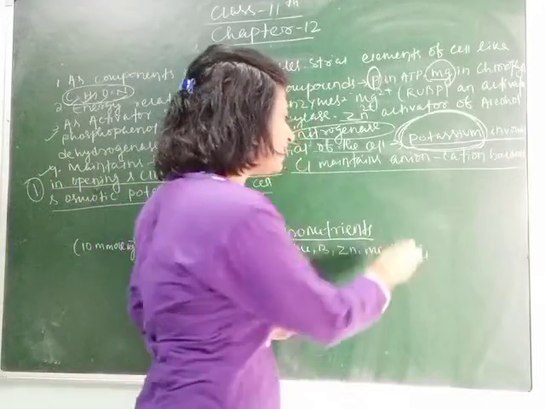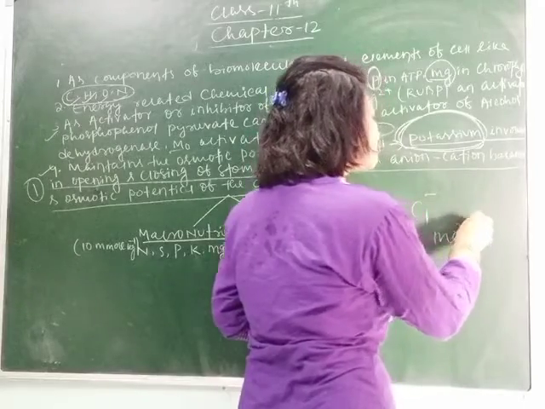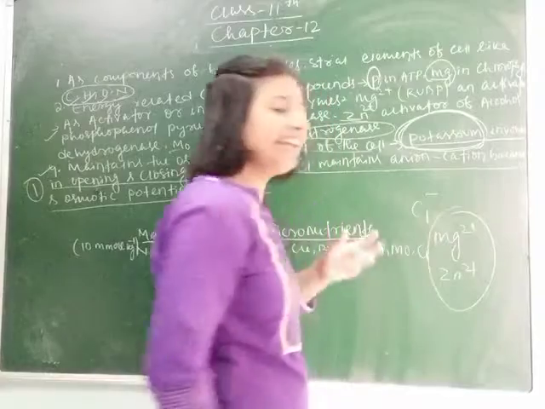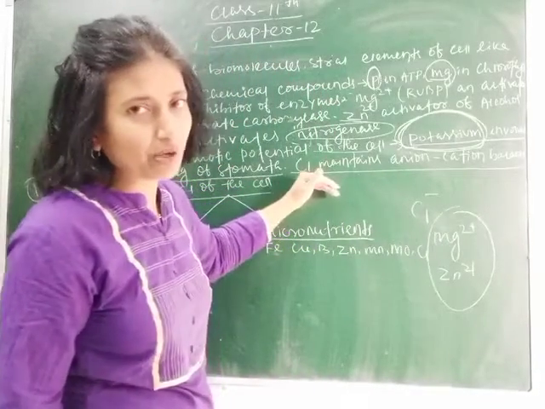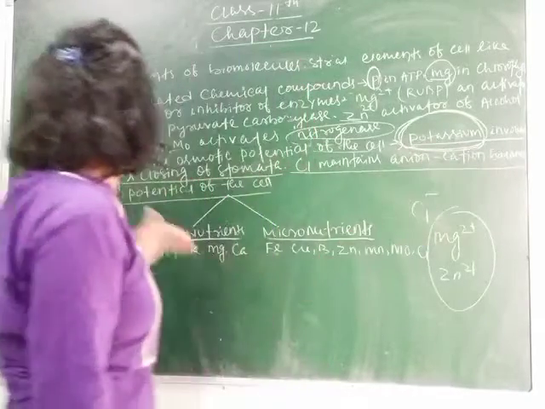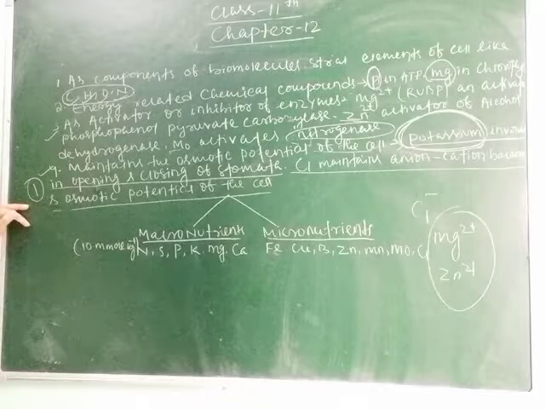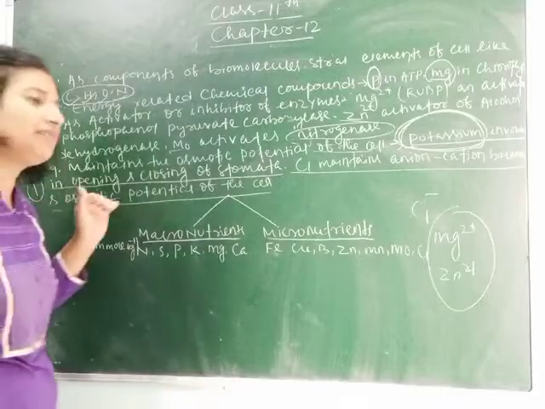Chlorine, you know that is Cl minus. The plant also takes magnesium, which is Mg2 plus, and zinc, Zn2 plus. So for the intake of these minerals, chlorine plays an important role. Due to chlorine, anion cation balance and osmotic potential of the cell can be maintained. Clear, students? So what is osmotic potential of the cell?